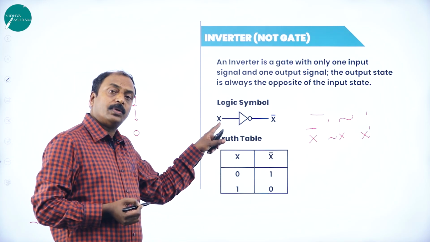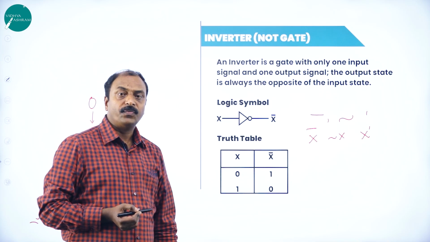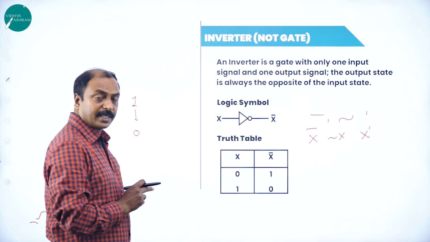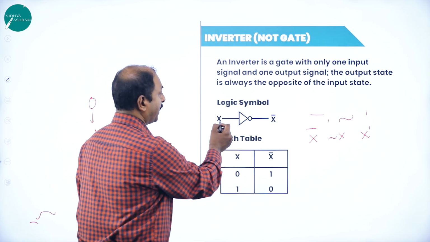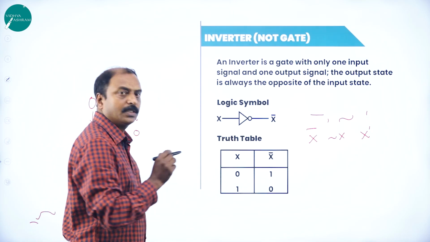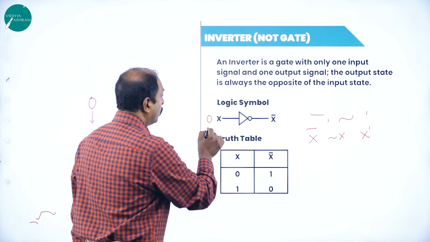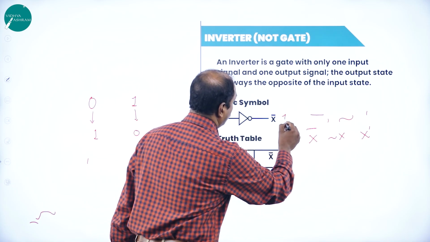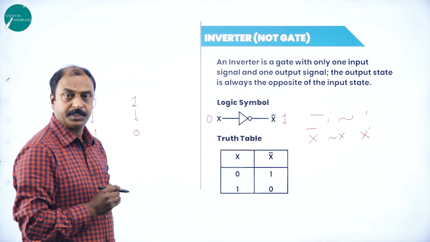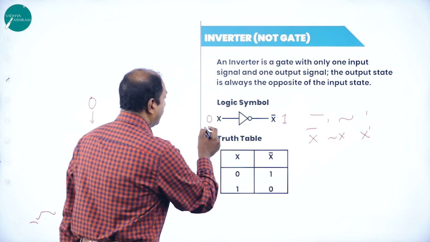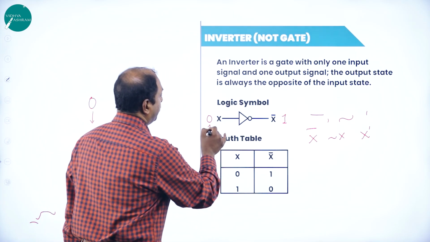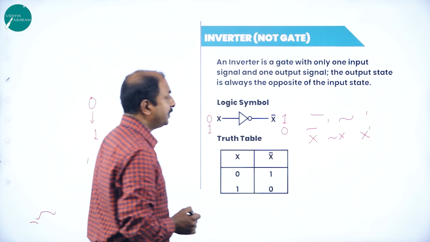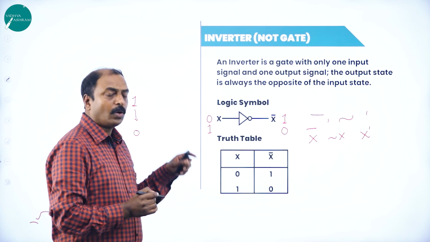Now if there is only one input signal, there are two possible combinations. For example, in the diagram here, the input can be either 0 or 1. Suppose it is 0, then the output is always the opposite of the input, that is 1. So this is one combination. Another combination is input 1 and output 0. So in this example there are two combinations.